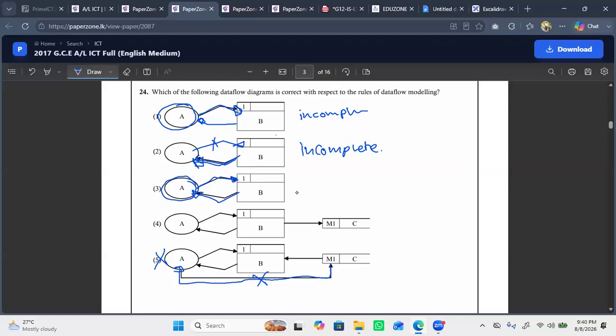We can make systems without connecting databases, but it's more complete if you have a database connected. Therefore, the fourth one is the most suitable answer here. They may have given all because you can't call this one wrong, but the most suitable is the fourth one. Which of the following data flow diagrams is correct with respect to the rules of data flow modeling? This is the most suitable one.